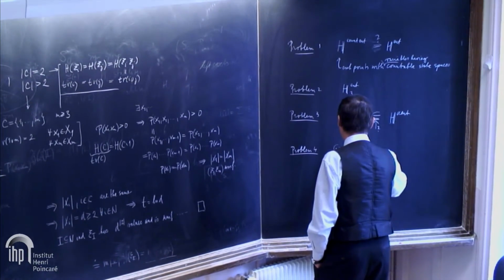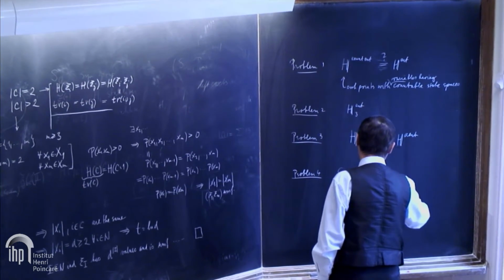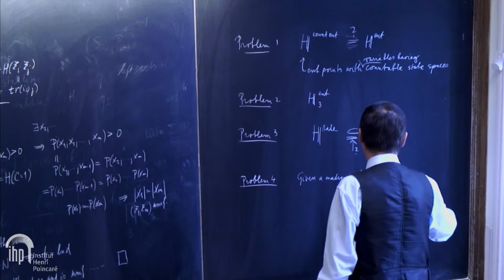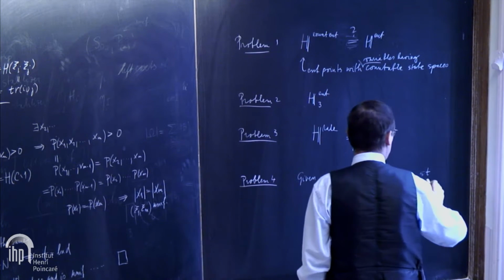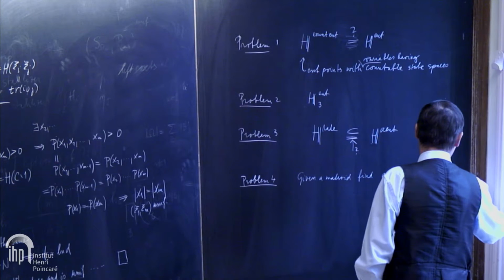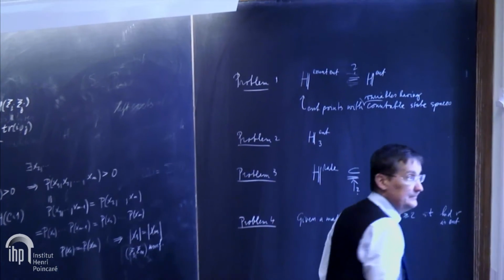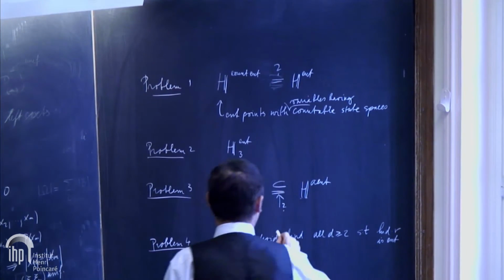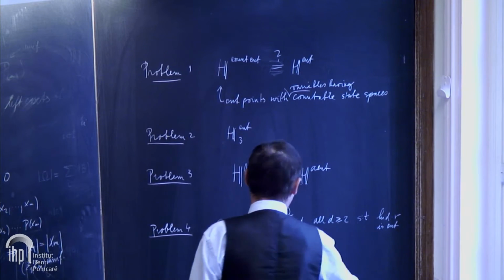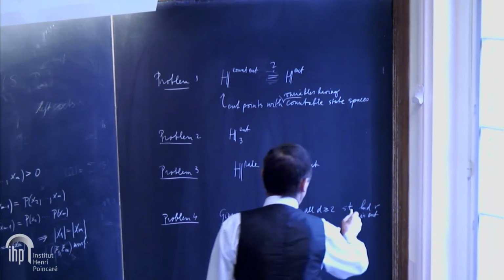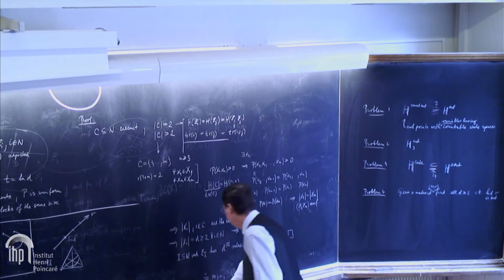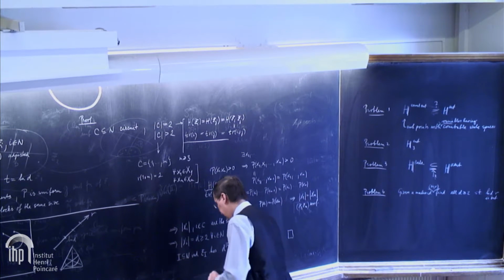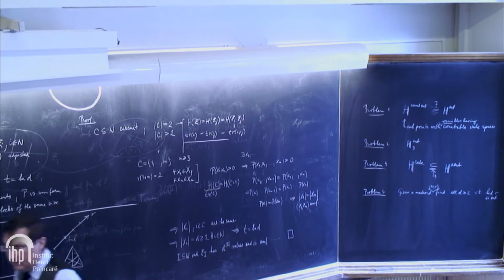Given a matroid, find all D such that log D times R is entropic for a matroid with rank R. What is my time? Till the end? 10 minutes, yes.